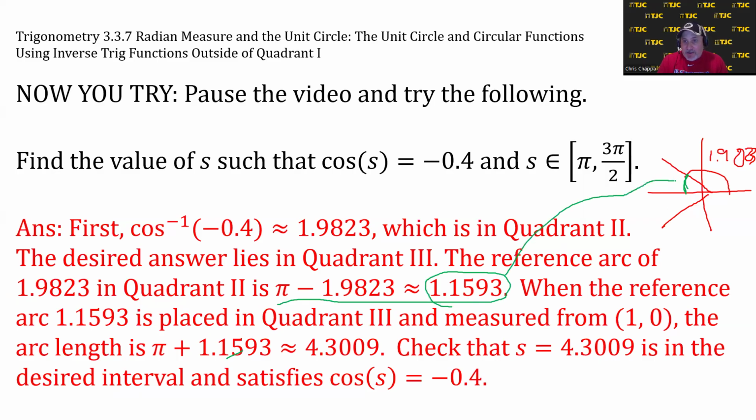So that's the size of that arc there. But we want to measure it over here in quadrant 3. So we would take a semicircle plus that arc. Semicircle is pi plus the arc is about 4.3009. You could check that this is in the desired interval and satisfies cosine of S is equal to negative 0.4.